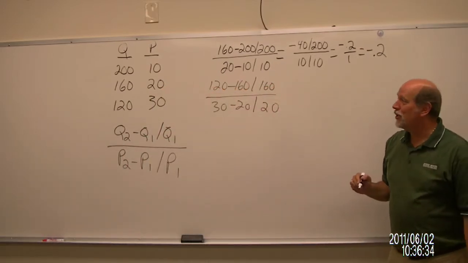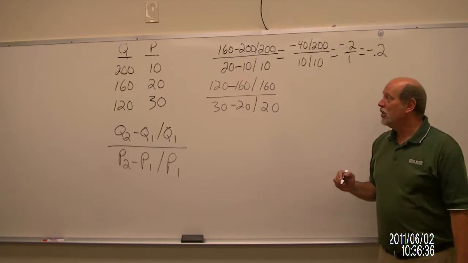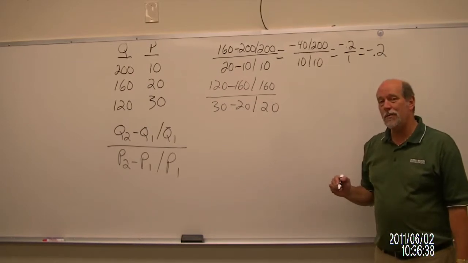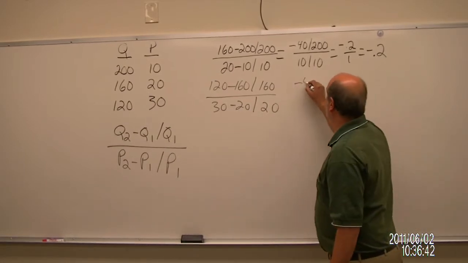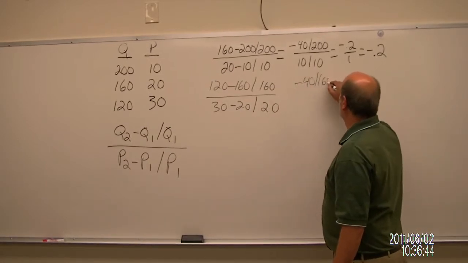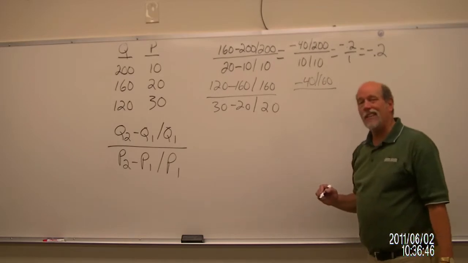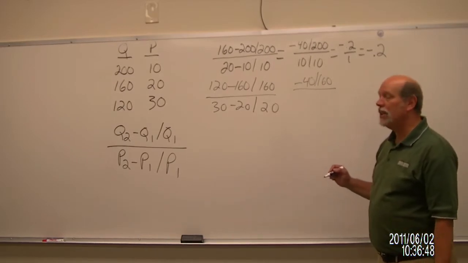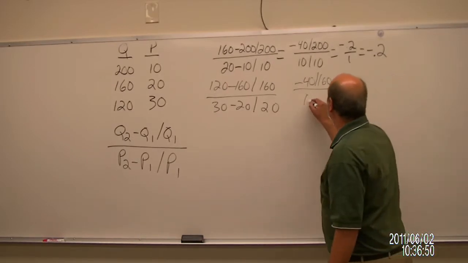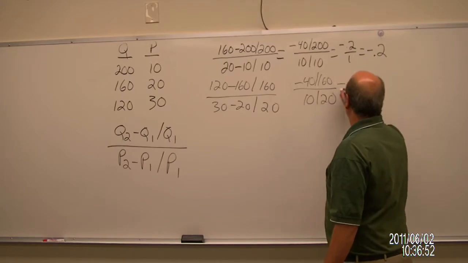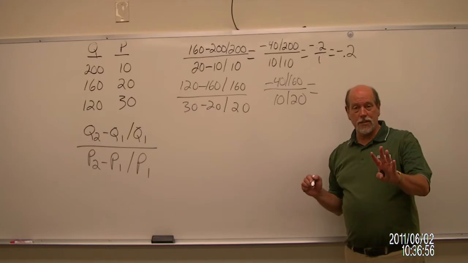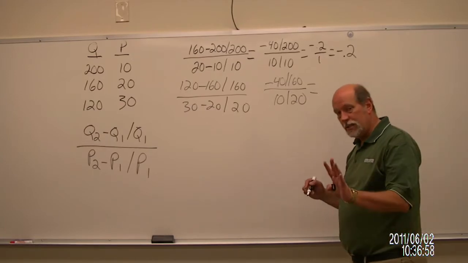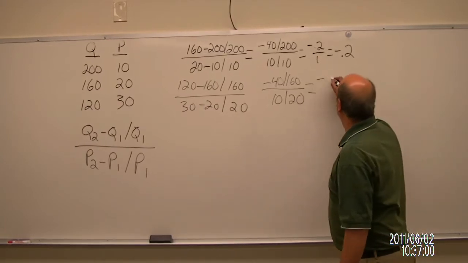See how my memory serves me because I worked this out earlier. Looks like we're going to have minus 40 divided by 160 for our quantity figure. And we're going to have 10 divided by 20 for our price figure. Minus 40 divided by 160, I believe that's going to give us 0.25, negative 0.25.